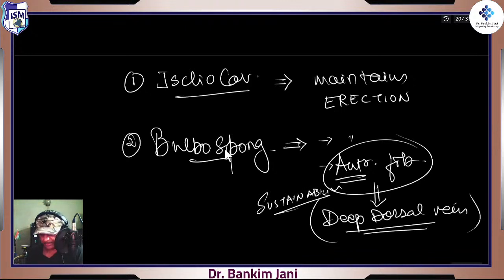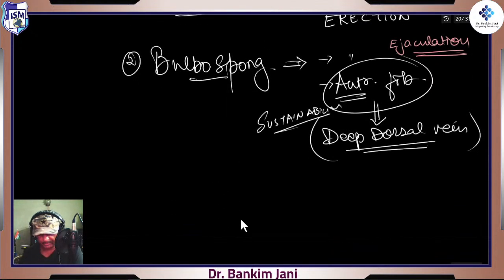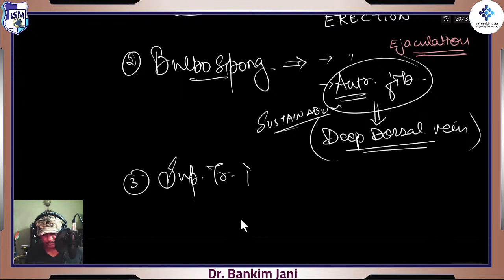And this is the reason that the joint effort would play an important role in ejaculation. And all these muscles, that's where those exercises play a major role. So ischiocavernosus, bulbospongiosus, and the third one, which we said is the superficial, that is the superficial transverse perineal.